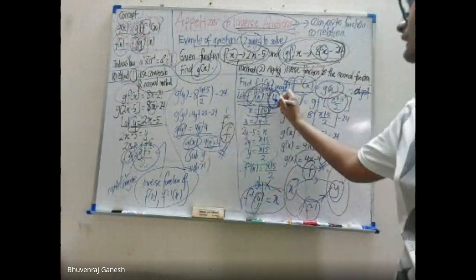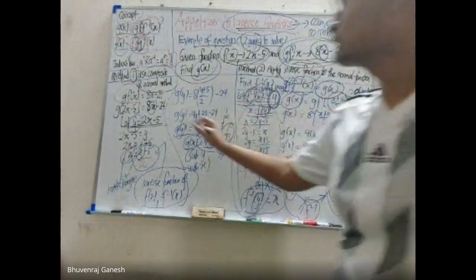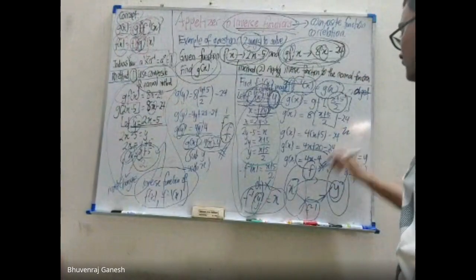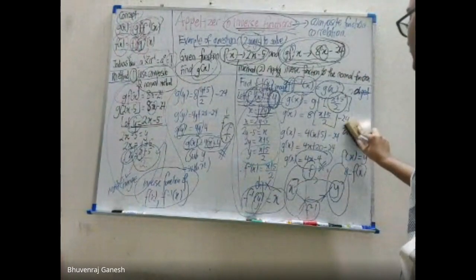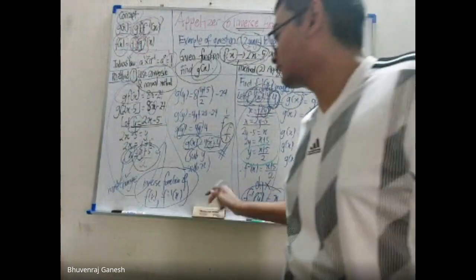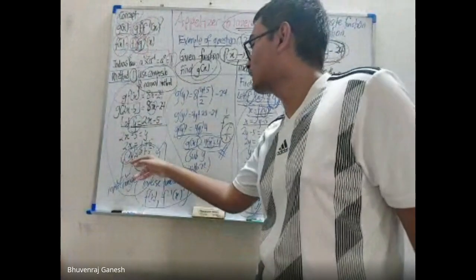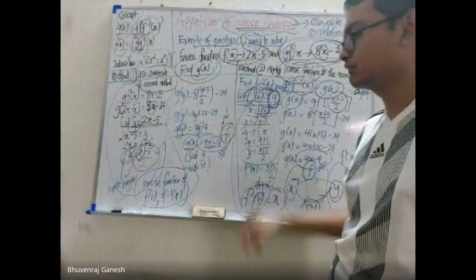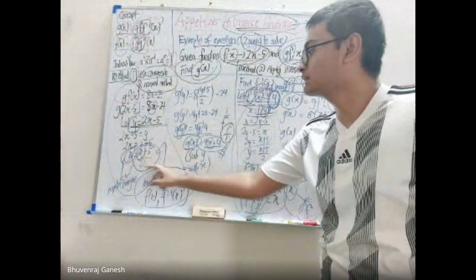And if you notice this part and this part, it's also the same, which is applying the composite, the inverse function methods, almost the same. You can see here the final answer I get: x equals (y plus 5) over 2. Here it is y equals (x plus 5) over 2. Only the variables are switched, but the constants are still the same.